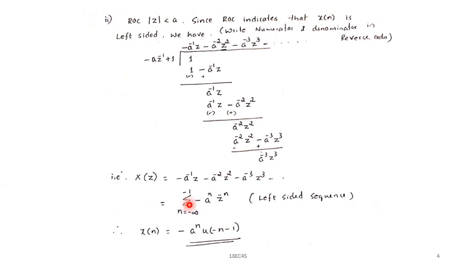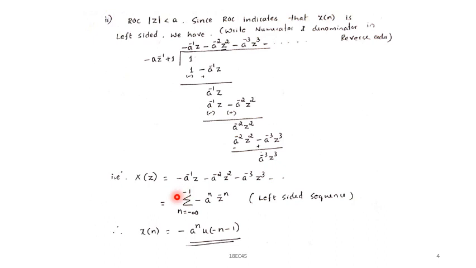Now in general I can write this as summation over n from minus infinity to minus 1 of minus a to the power n z to the power minus n. The last term I'll get here is z to the power infinity. So I can write the lower limit as minus infinity and the upper limit as minus 1, of minus a to the power n z to the power minus n.